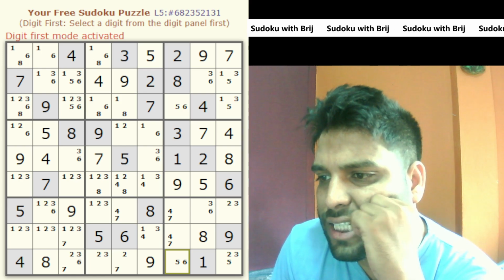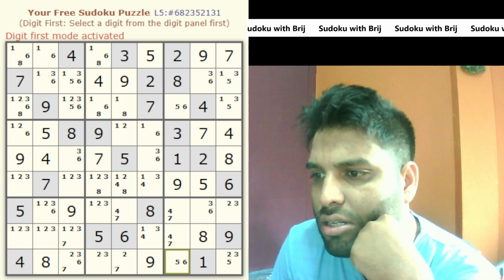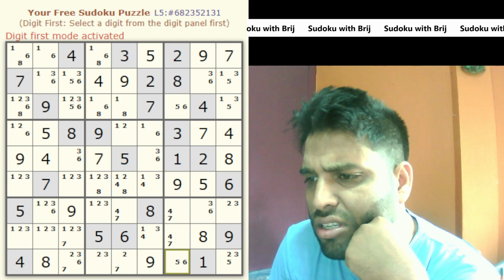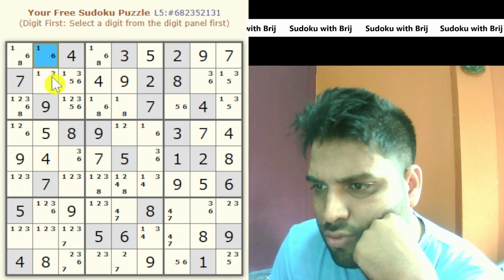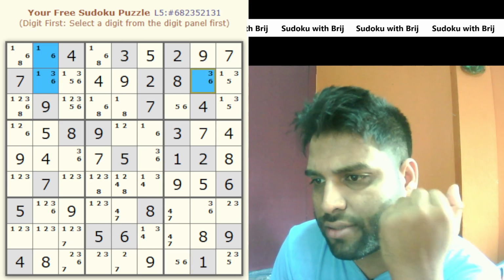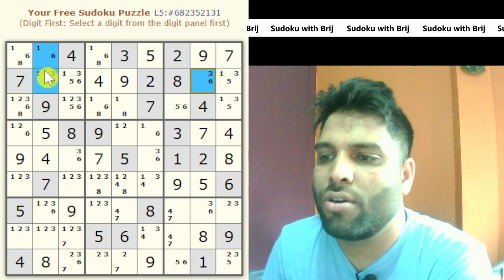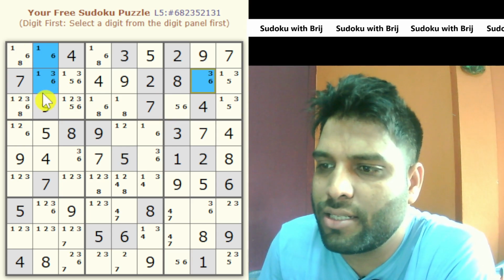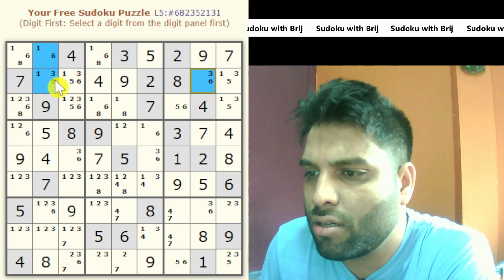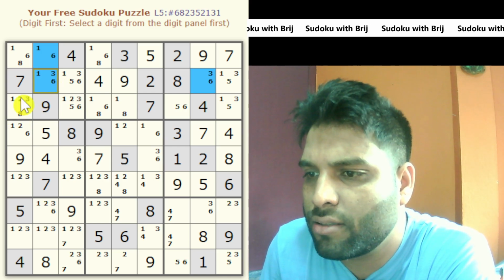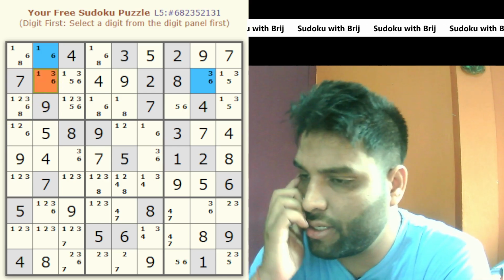So we can say that there is an XYZ-Wing. There is 16, 136 and there is 36. So in these three cells, there is a hinge containing 3 digits. That is 136. So the hinge color is orange here.